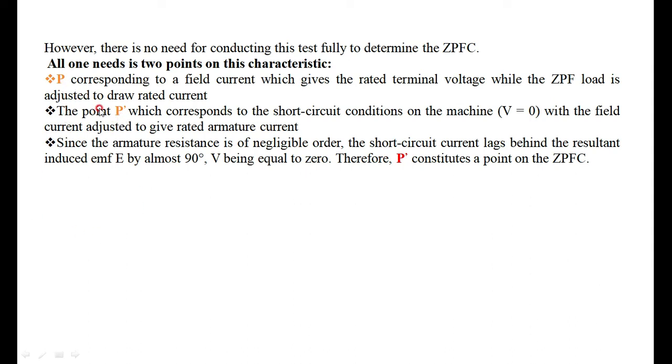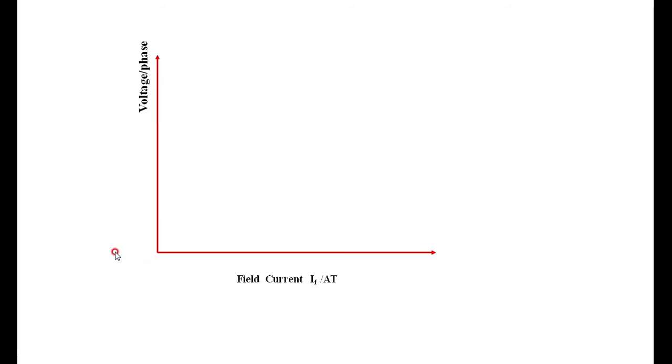These are the 2 points. If these 2 points are known, then you can draw the whole ZPF curve. How exactly we draw that, I will explain with the help of this particular graph. You take field current on the base axis, that is the x axis, and along the y axis the voltage per phase. First I am drawing the open circuit characteristics.